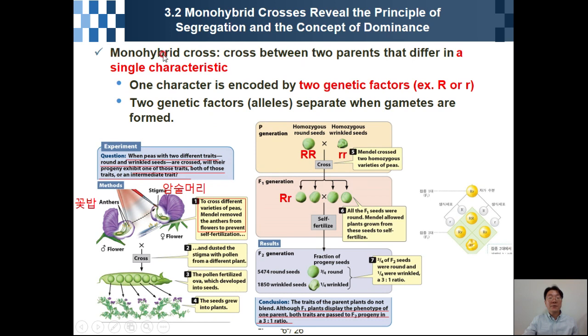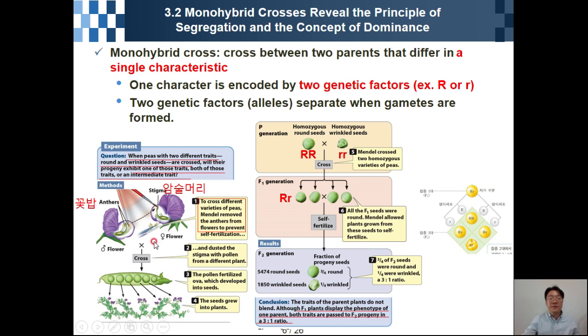For monohybrid crosses, for example, this is the anther and this is the stigma. To prevent different varieties from crossing, Mendel removes the anther from the flower to prevent self-fertilization.